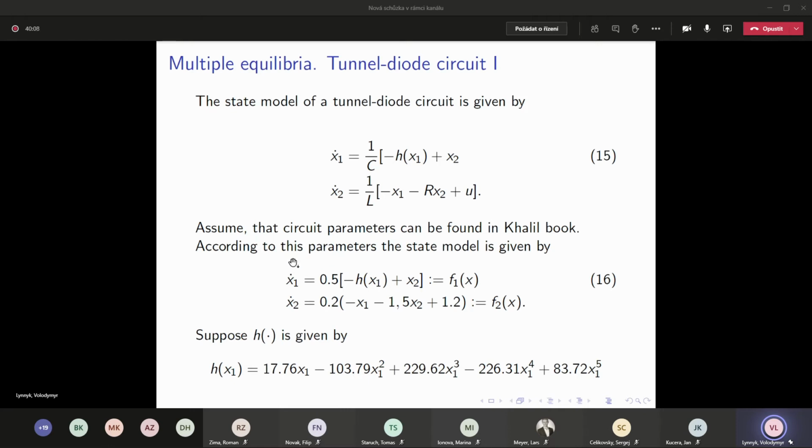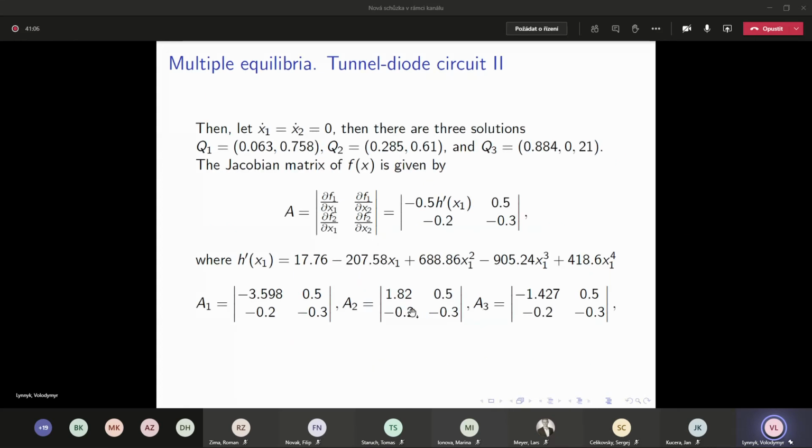Assume that the circuit parameters can be found in the Khalil book, and according to these parameters, the state model is given by equation 16, x1 dot equal to 0.5 minus the function h from x1 plus x2, defined as a function f1 from x, and x2 dot equal to 0.2 in this expression, defined as f2 from x, and suppose h is given by the next equation.